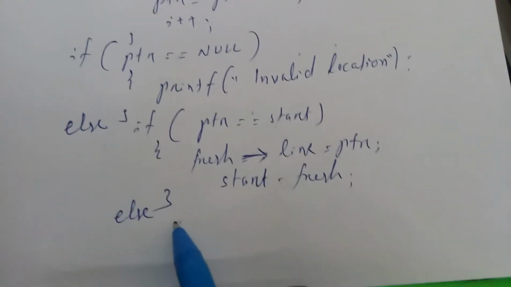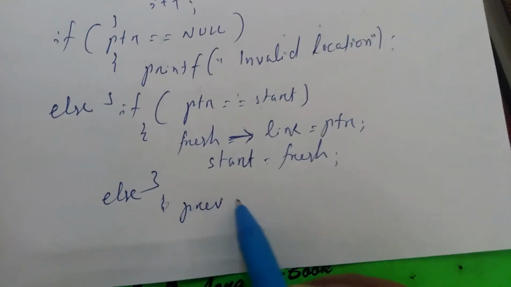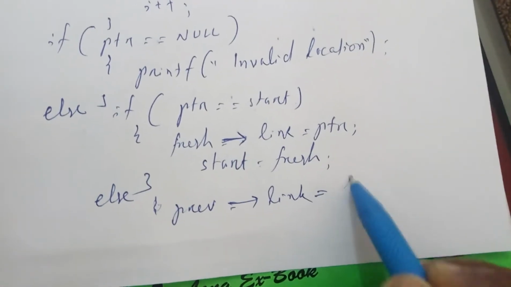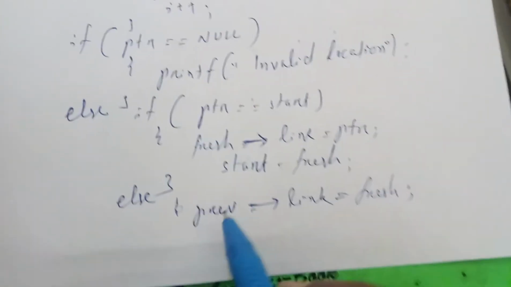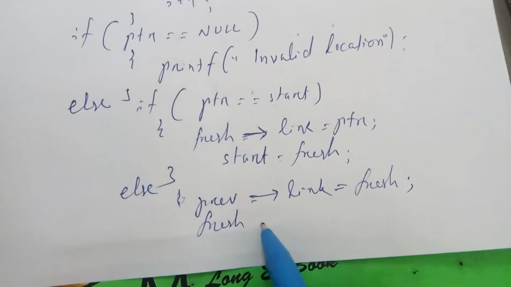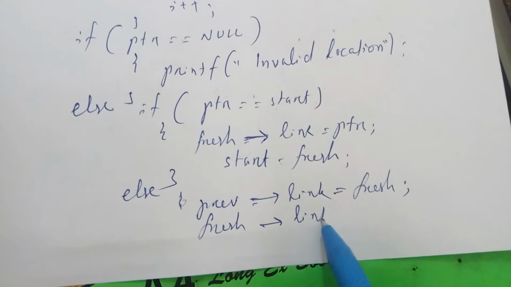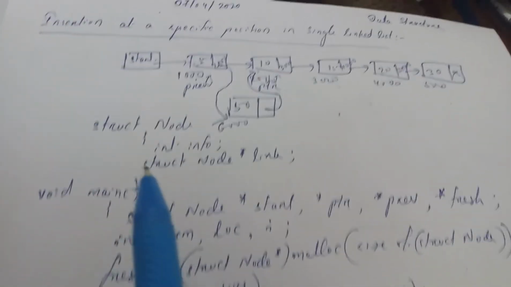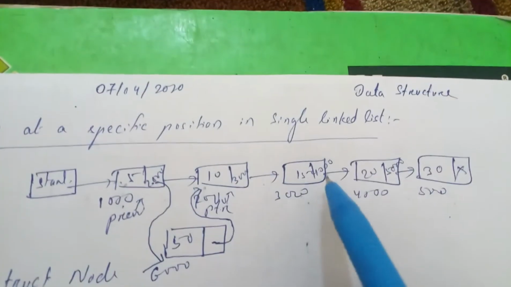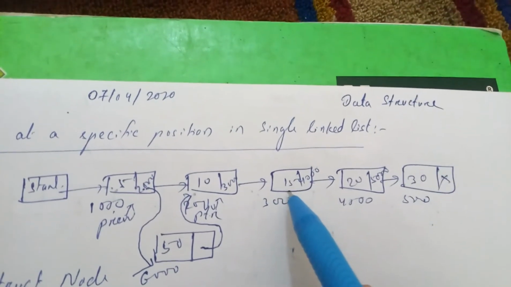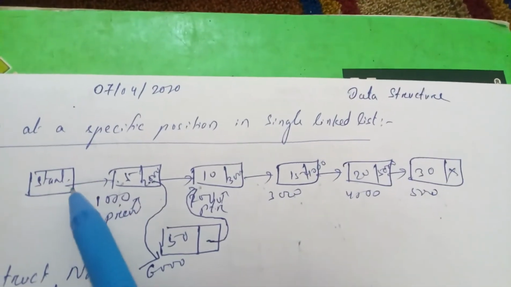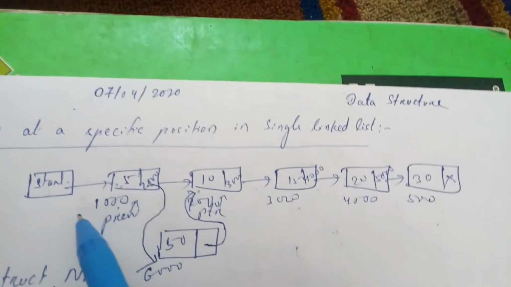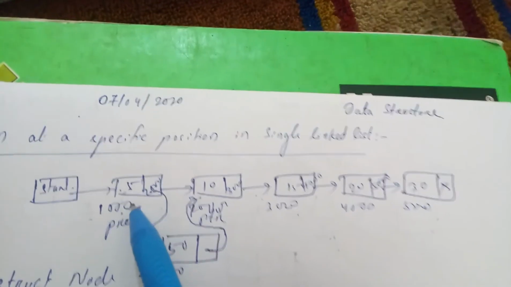Else we'll do what? previous link equals to fresh, and fresh link equals to ptr. Means what? Suppose our location is 3, we want to insert. Initially our ptr contains the start value. So here previous equals to ptr and ptr equals to ptr link.